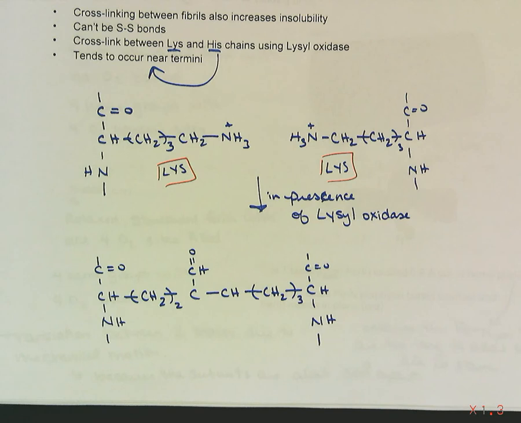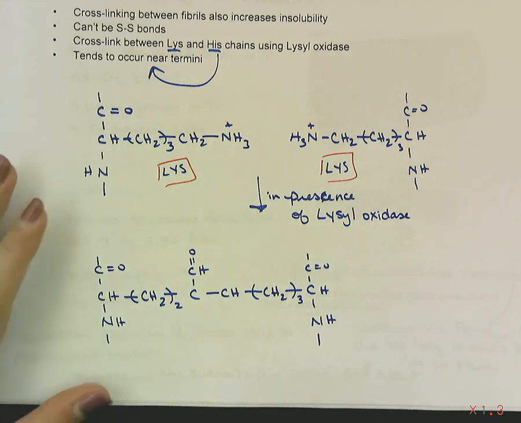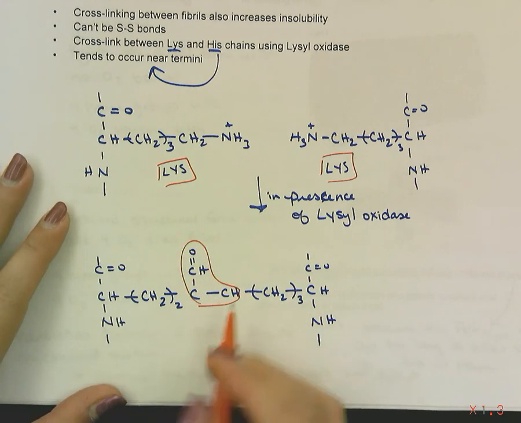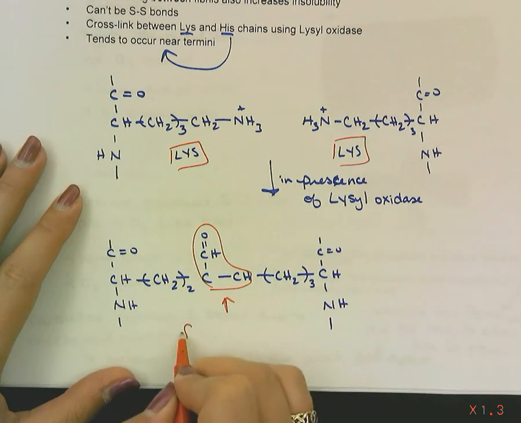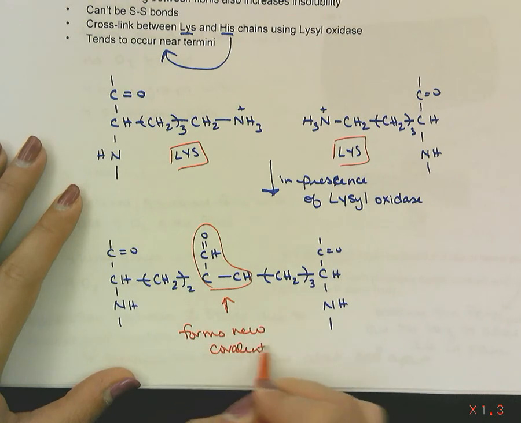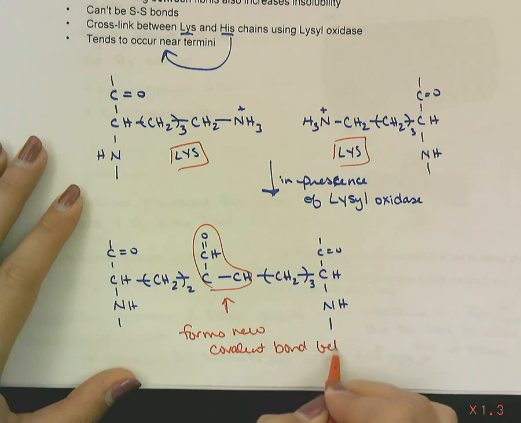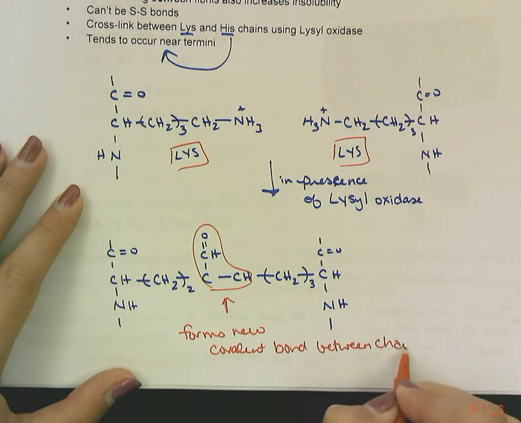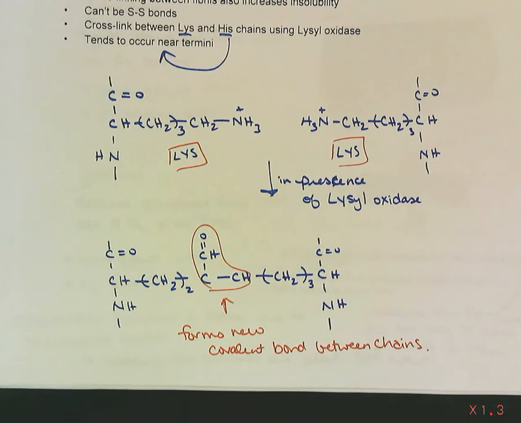It forms a brand new covalent bond between these two chains. It tends to be at the ends of the chains, kind of making one chain link up to the one that's above it or below it.